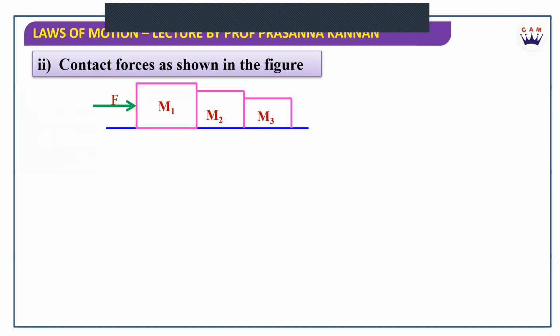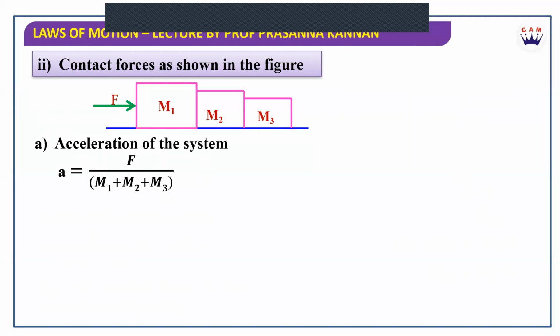What you wrote for acceleration? What did I tell? Net force by sum of all the masses. Sit down now. Now tell me. Clear? Sit down. So what is acceleration? Acceleration of the system is what? F by M1 plus M2 plus M3.